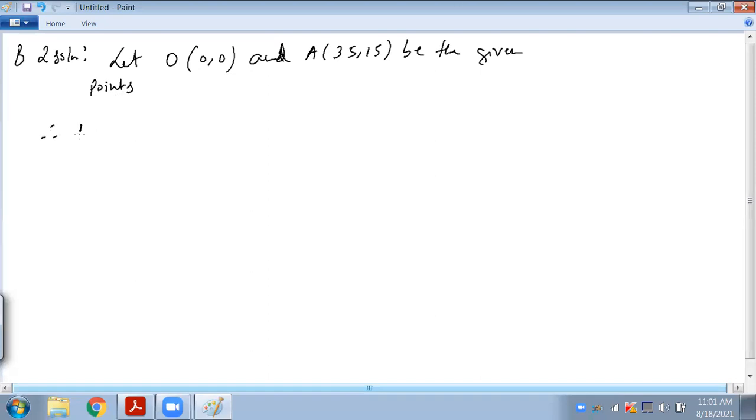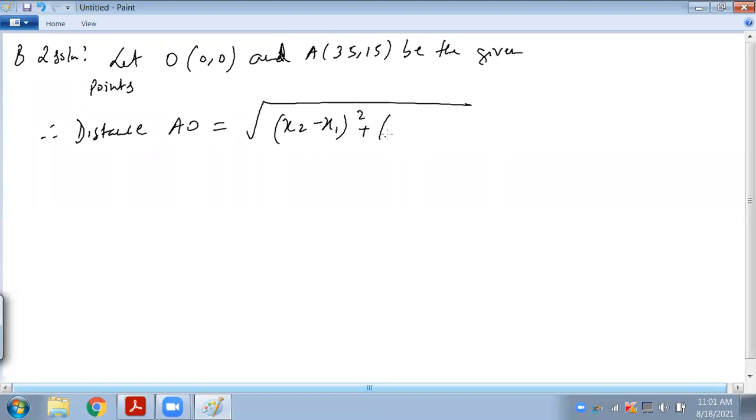So therefore distance AO, how to find, use the same formula, x2 minus x1 whole square plus y2 minus y1 whole square.